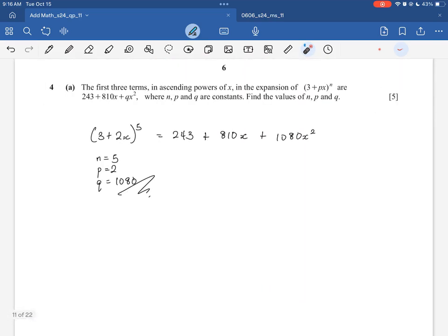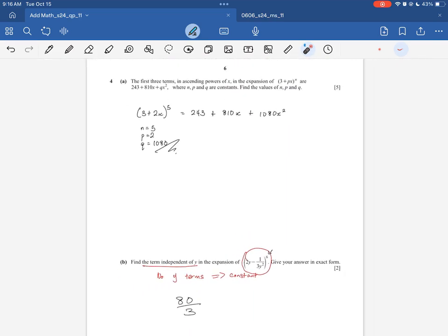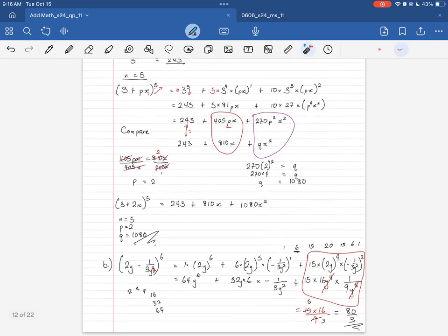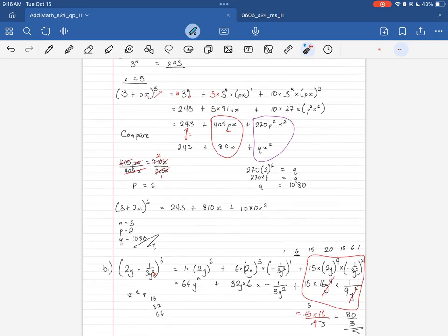There's a lot of calculation in this one, but you just have to know what you're looking for. Again, in part B you are looking for the constant term, the term with no y values in it. So we tried the first term in ascending order. Yes, I worked in ascending order here.